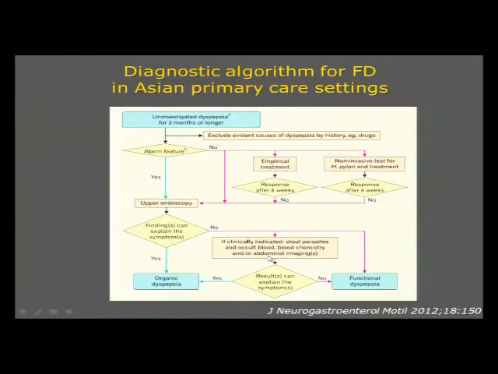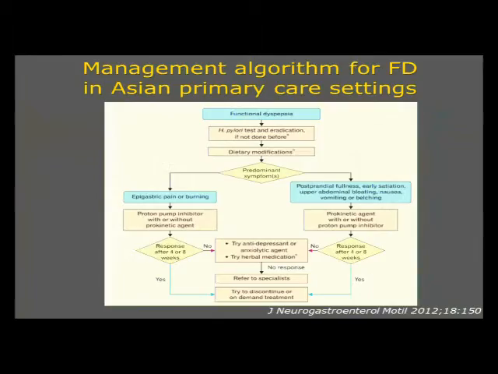Patients with dyspepsia should be tested for H. pylori infection, and stool examinations for parasites in areas with high prevalence of infestations, and fecal blood testing is also useful. Sometimes upper abdominal ultrasound or CT scan may be employed if indicated clinically.